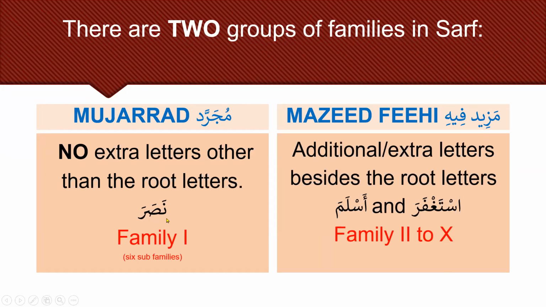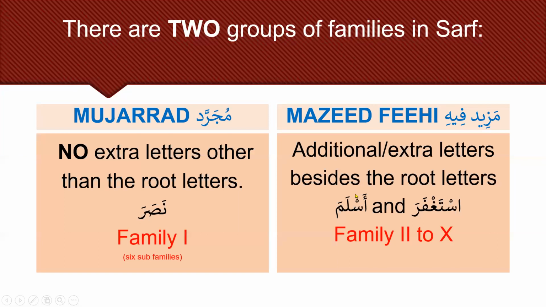As I've mentioned, every word has three root letters. You can see here that there is no extra letter in this Nasara. Noon, Swad, and Ra, these are the root letters. By putting all the fathas, as I told you, we can make the past tense, Nasara. So this is family one, and it has no extra letter other than the root letters.